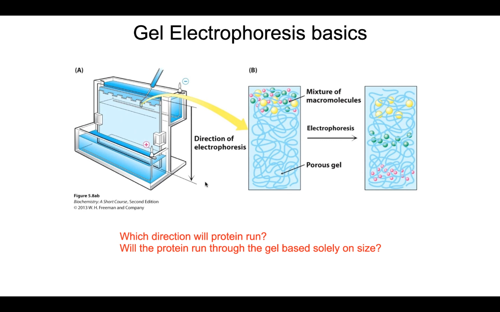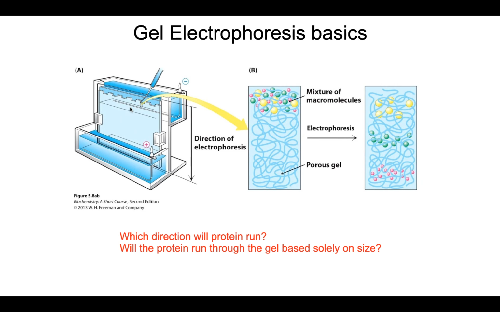So if you just slap a protein on a gel and run it, some of the proteins will run to the positive pole, some of them will run backwards towards the negative pole, and some of them maybe have a net charge of 0, won't run through the gel at all. So that's one problem we've got. We've got to do something to make all of the proteins have a net charge.